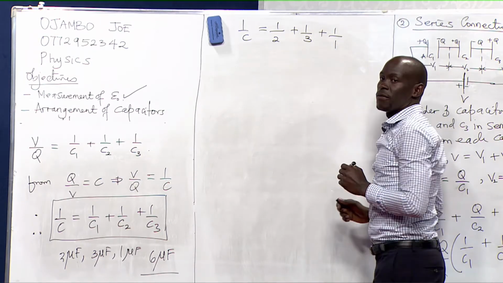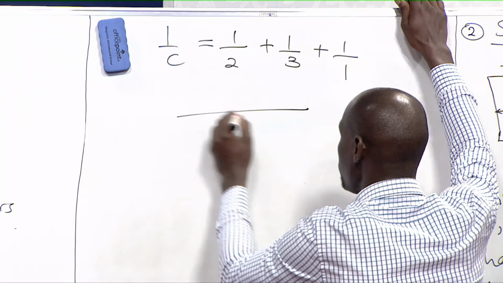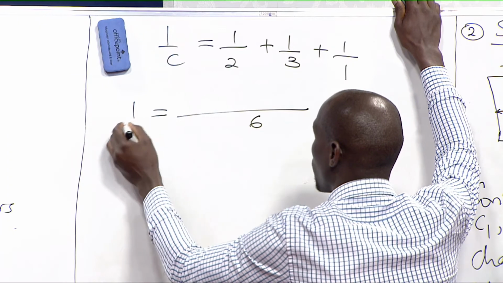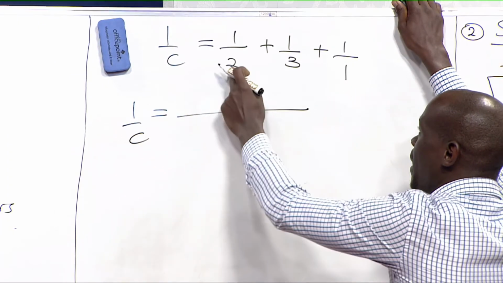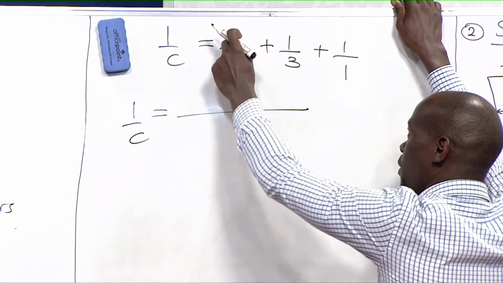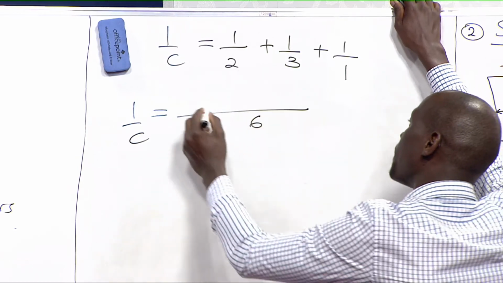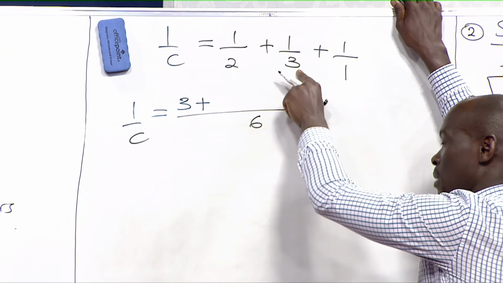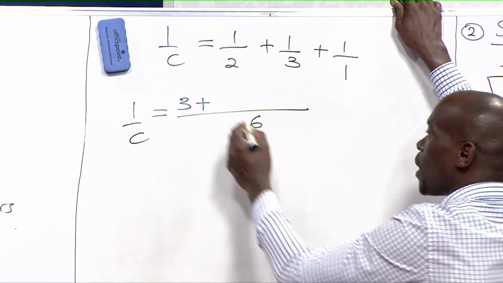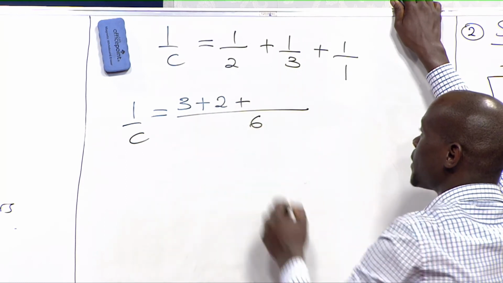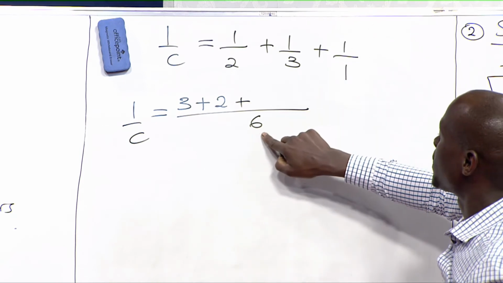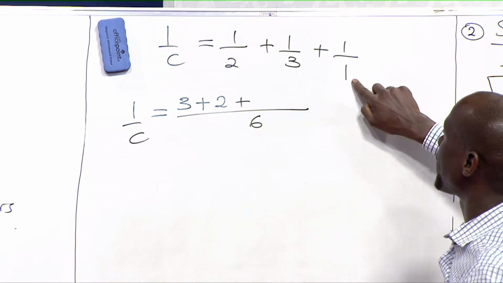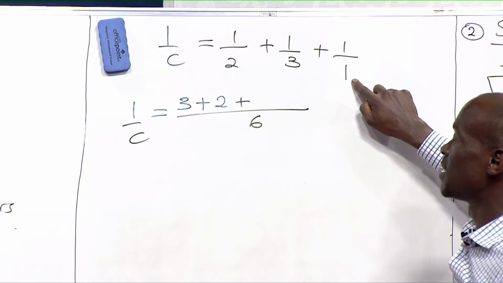The LCM of all these will be 6, equal to 1 over C. 6 divided by 2 is 3, 3 times 1 is 3, plus 6 divided by 3 is 2, 2 times 1 is 2, plus 6 divided by 1 is 6. Isn't it so?